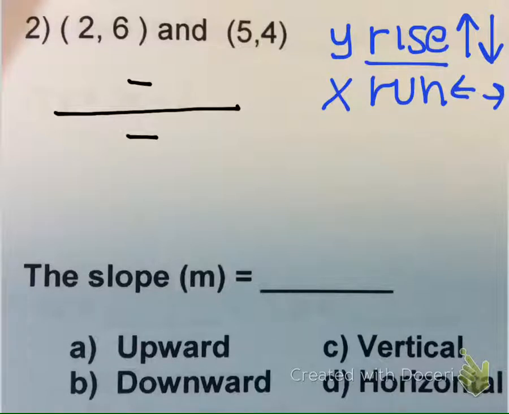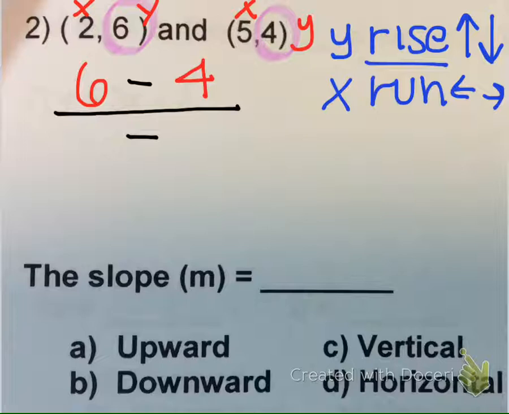So now that I know which one goes first, and if I want to label them, I can. This is x and this is y. And I'm going to take the y's and subtract them. And then I'm going to take the x's and subtract them.